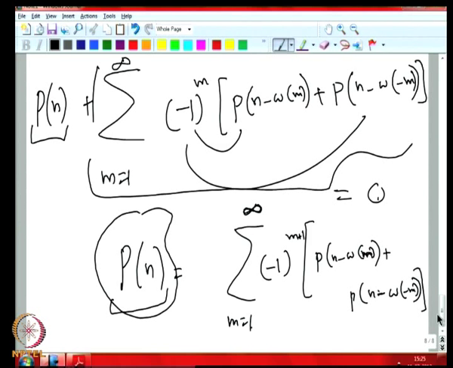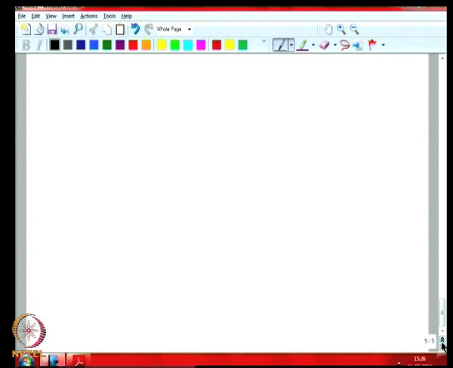But then we can see that this omega of m or omega of minus m, both of them are increasing as m goes bigger and bigger. So, for a fixed n, after some time this will become n minus some number which is bigger than n, which will give you a p of minus something, and we take p of k when k is less than 0 as 0, right.